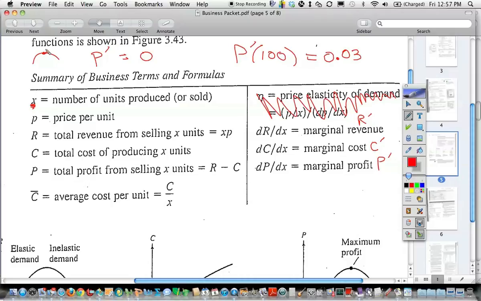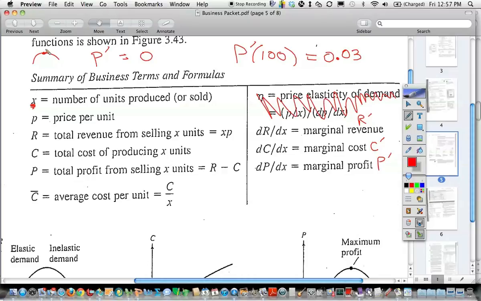But if the marginal profit is negative, it means their profit is decreasing. Maybe they're making too many. In other words, they can't sell them all. Or maybe by making more, they have to hire more people or pay overtime, and now it's not profitable anymore. So they would be interested in that number of books sold that would give them the maximum profit.